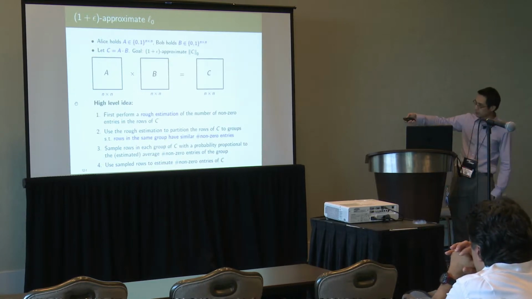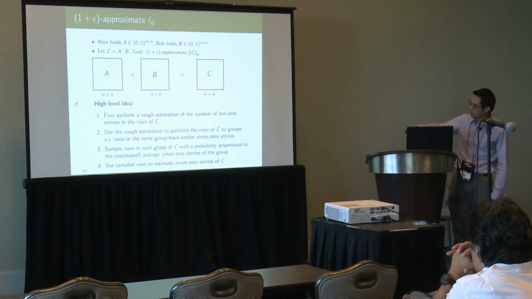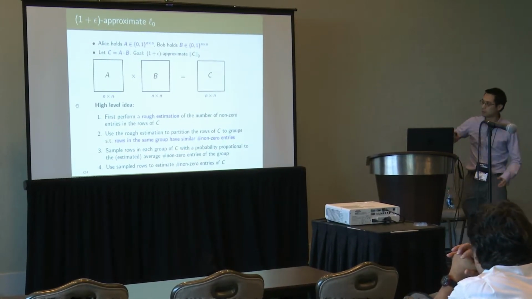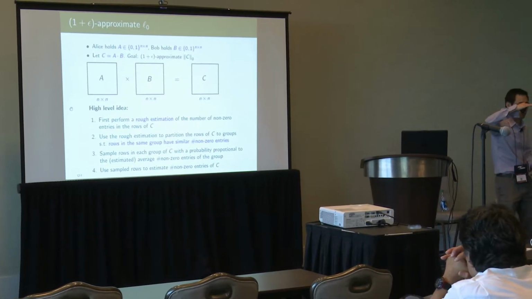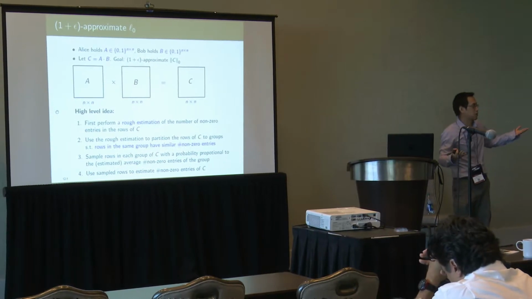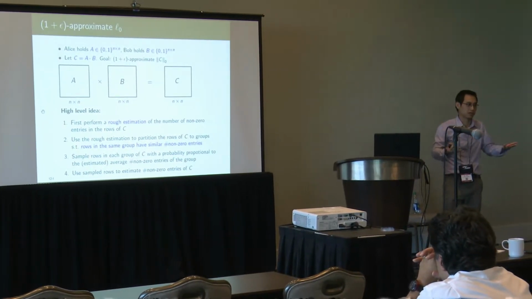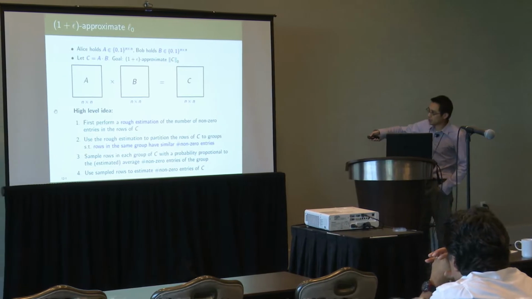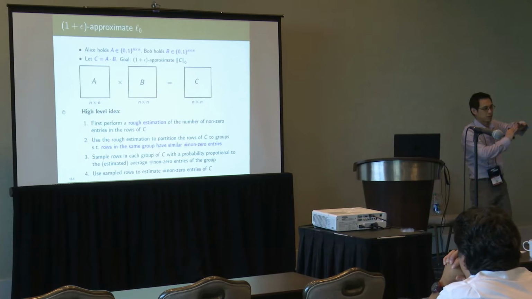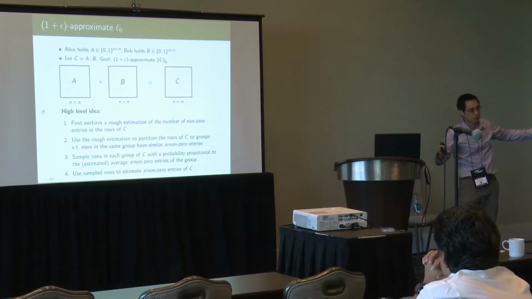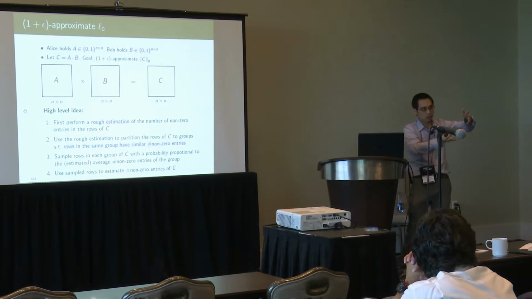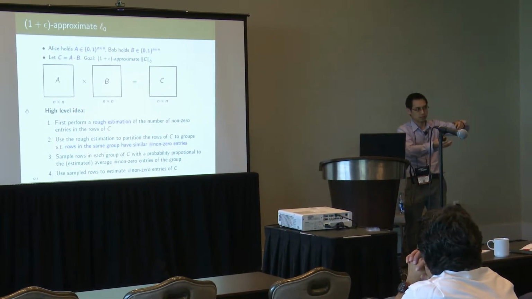So the high-level idea, more concretely, is this. We first perform a rough estimation of the number of non-zero entries of each row of C, let's say approximated up to a constant factor, not a 1 plus epsilon factor. And then we partition the rows of C into a number of groups, so that the rows in the same group roughly have the same number of non-zero entries.